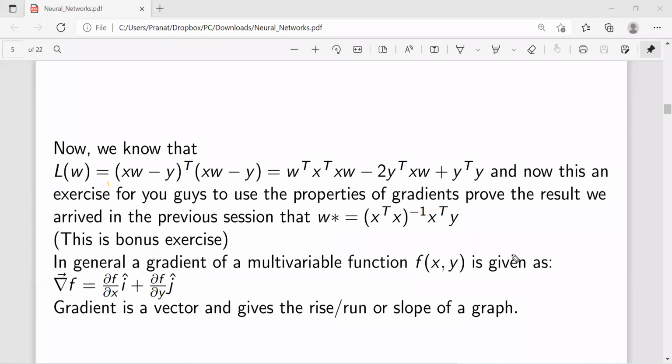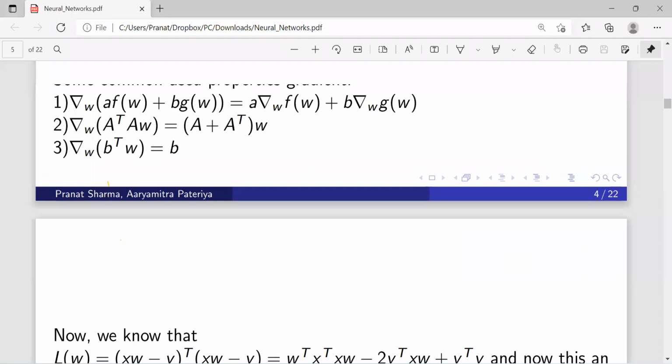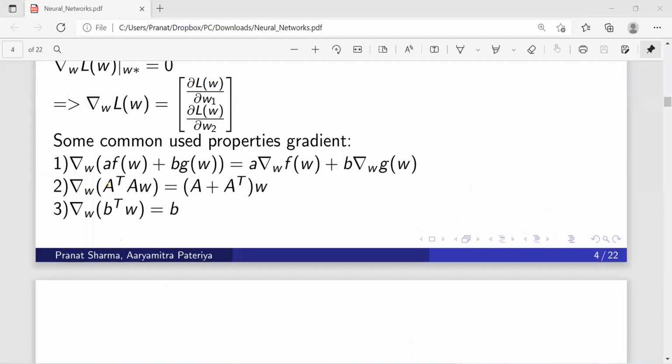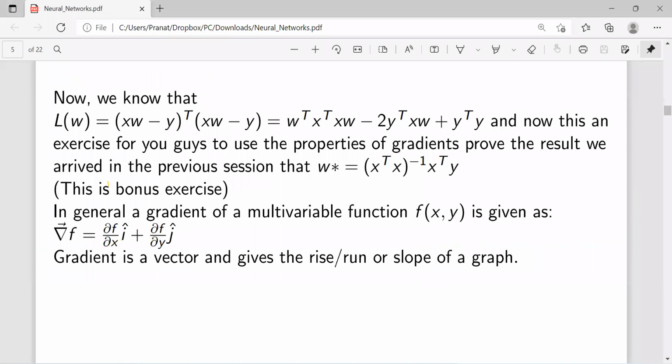To do this, these three properties will be used, nothing more than that. It is not hard, it is just a good exercise. It is a good way to do something on your own. It feels good, builds confidence.